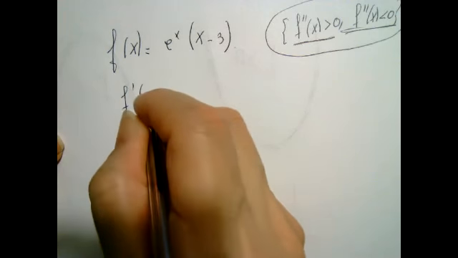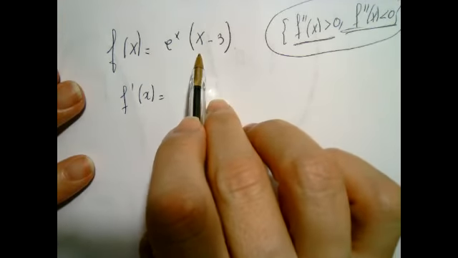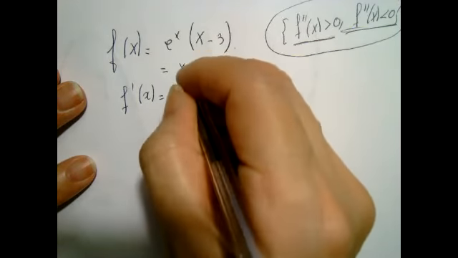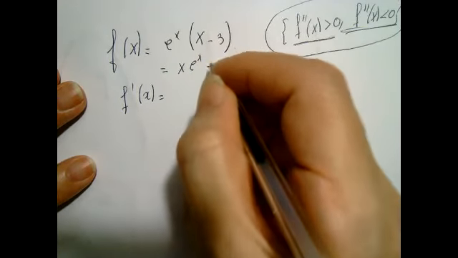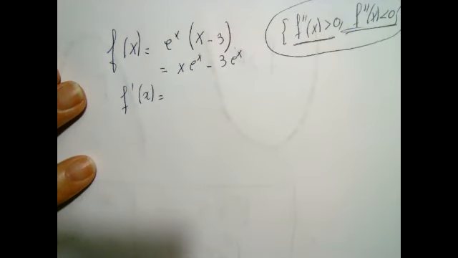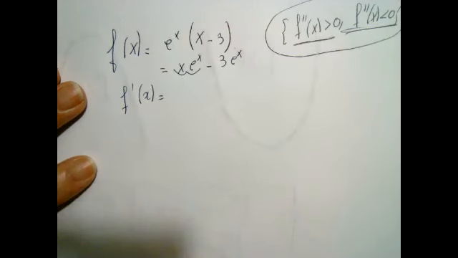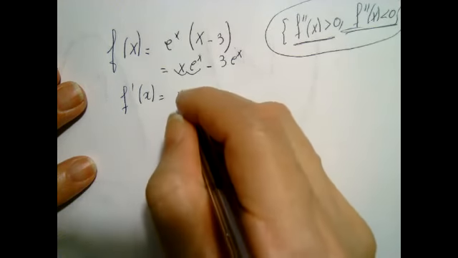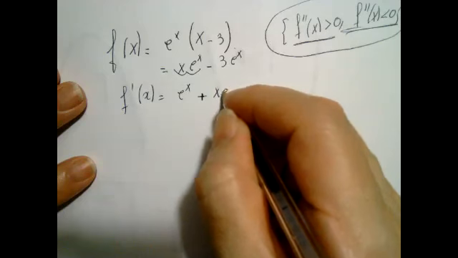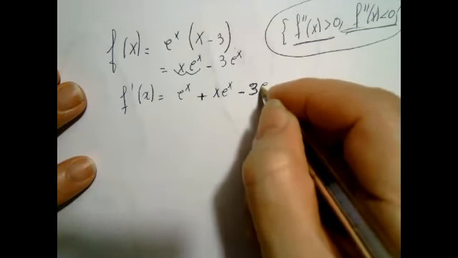First I compute f prime. To compute f prime, I can use the product rule, or I can just distribute because it's such an easy function. Actually, this part would require the product rule. So that's e to the x plus x e to the x minus 3 e to the x.